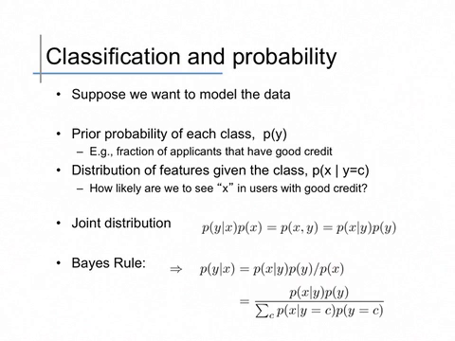So P of X is simply the probability of X and Y jointly, summed over all possible outcomes Y, and the probability of X and Y jointly we can write in terms of P of X given Y and P of Y again.